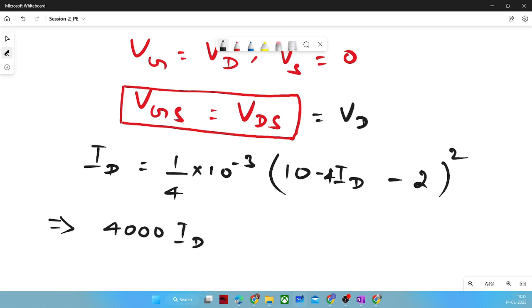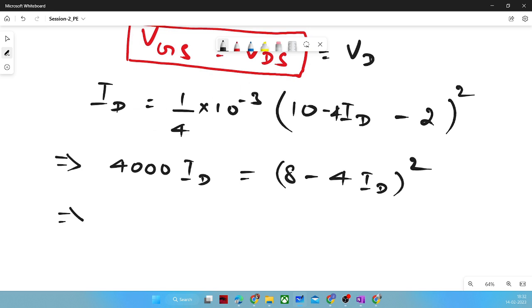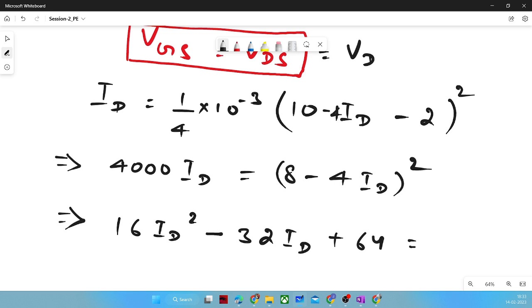4000 ID will go to the left side, and this will become (8 minus 4 ID) square. So if you solve this quadratic equation, first arrange it: 16 ID square minus 32 ID plus 64 is equal to 4000 ID. Minus 64 ID.